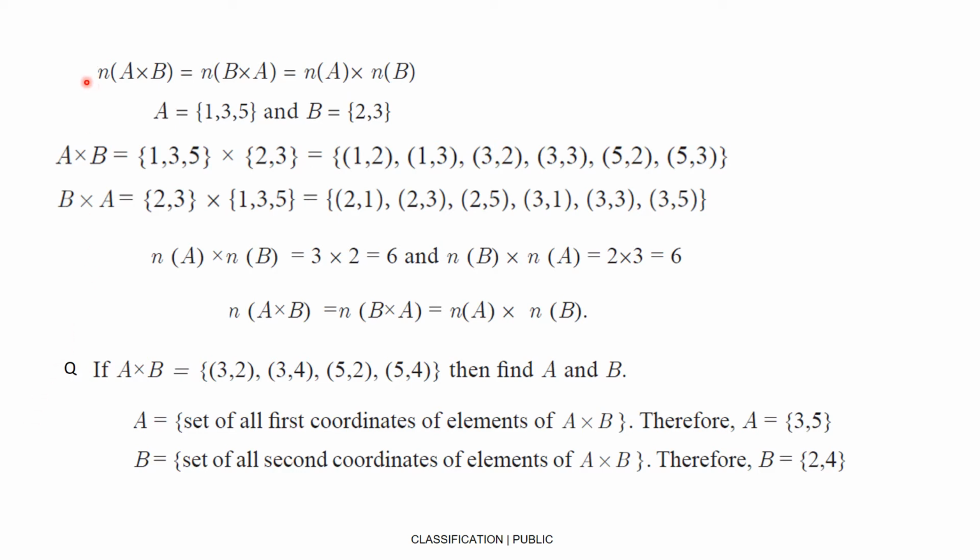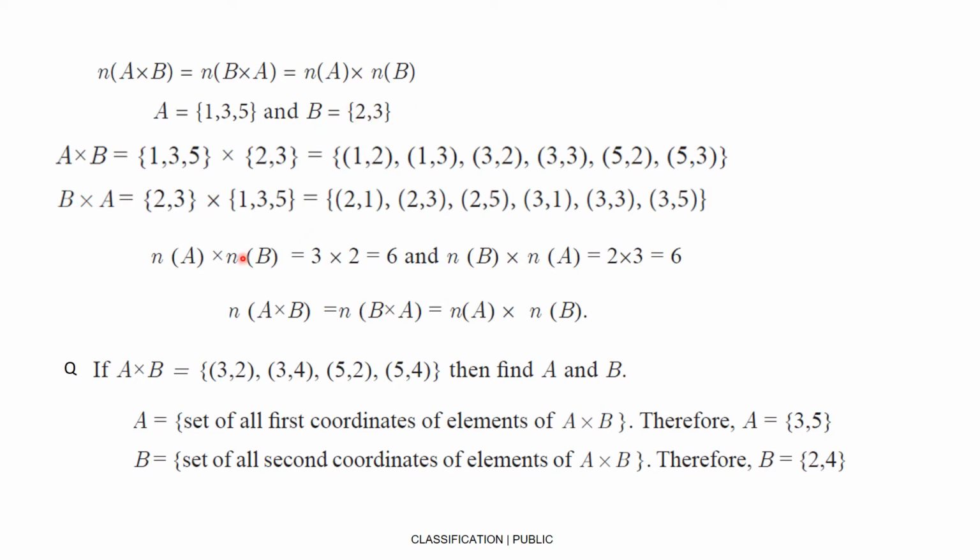Next, we have to find n of A cross B and n of B cross A. n of A cross B, what do you write? n of A into n of B. n means cardinality, so how many elements are there? 1, 3, 5: 3. So n of A is 3. And n of B is 2 (2, 3).